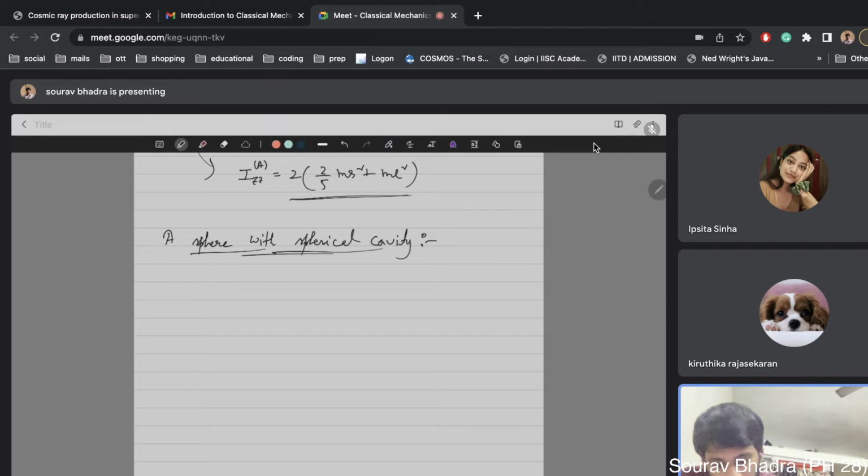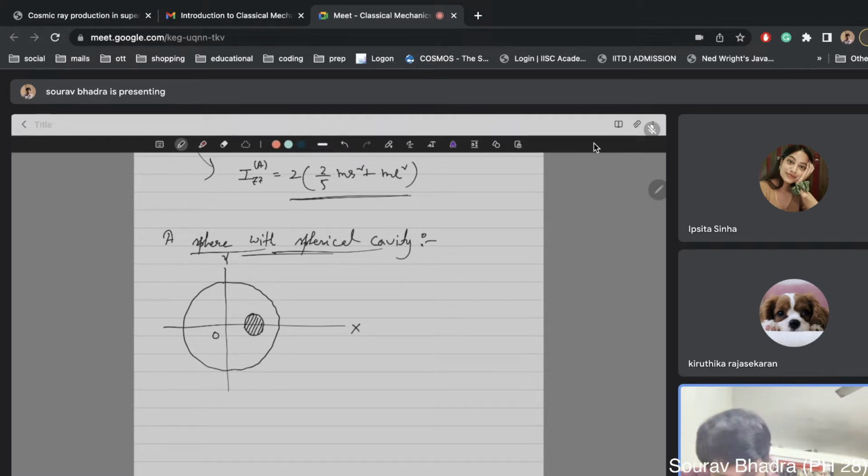So suppose we have a sphere like this which has a body axis like this, and we have another small cut, I mean this is the cut in the sphere. So this part is actually hollow. Let us say this is O, this is y, this is x.